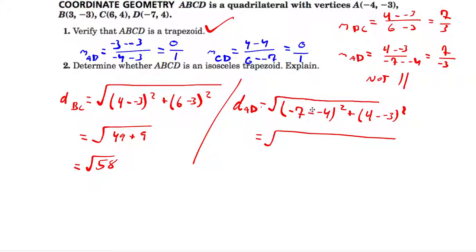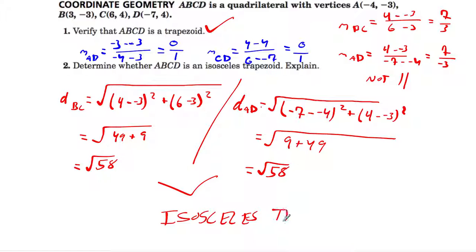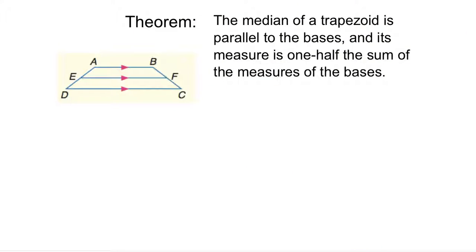So this is going to equal negative 7 plus 4, which is negative 3. Negative 3 squared is 9, plus 7 squared is 49. Look at that. Square root of 58. These are the same. So isosceles trapezoid. That's what this is.